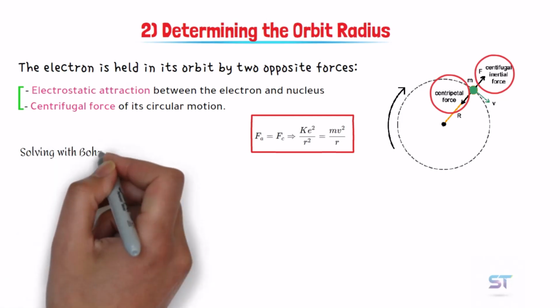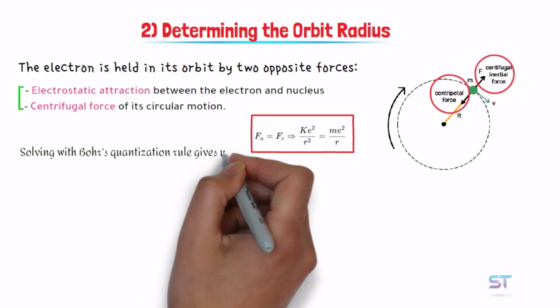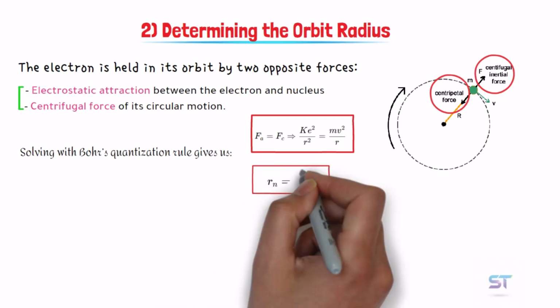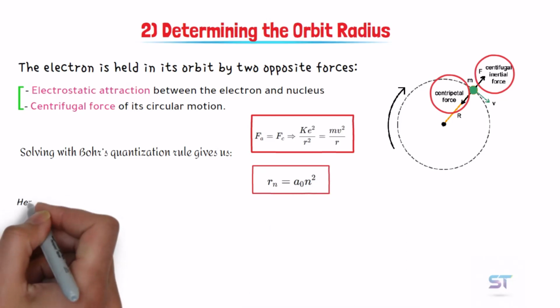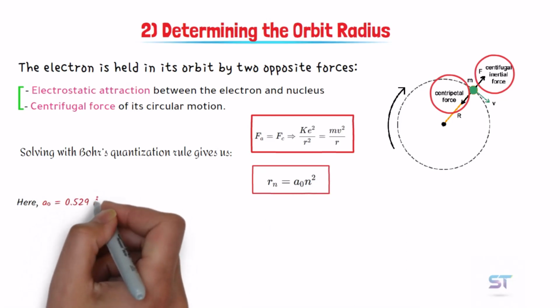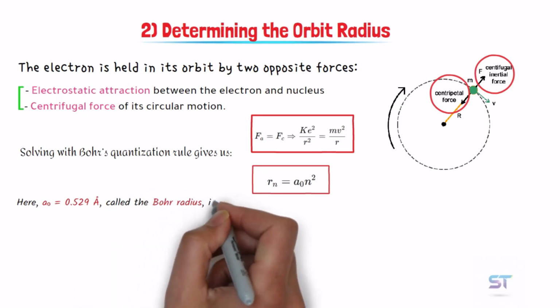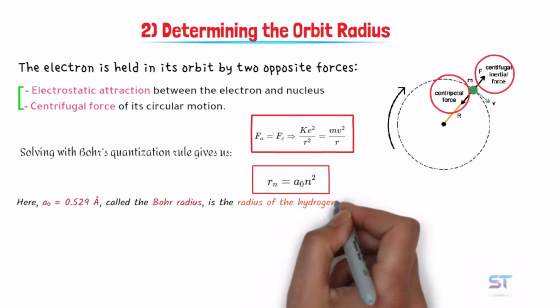Solving with Bohr's quantization rule gives us the radius rn equals a0 n squared. Here a0 equals 0.529 angstrom, called the Bohr radius, which is the radius of the hydrogen atom in its ground state.